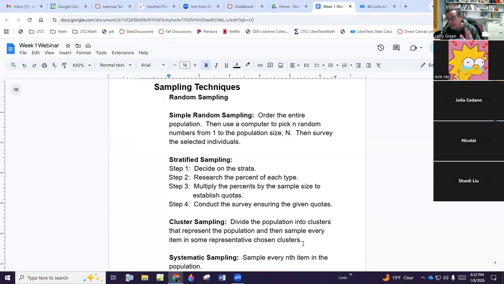Let's say you wanted to find the average height of pine trees in all of the Sierra Nevada mountain range. There's like billions of pine trees in the Sierra Nevadas. You can't get them all. You cannot get a parameter because there's too many. Does that make sense? So you can get a statistic, but you want to see, can you get a representative sample? Okay.